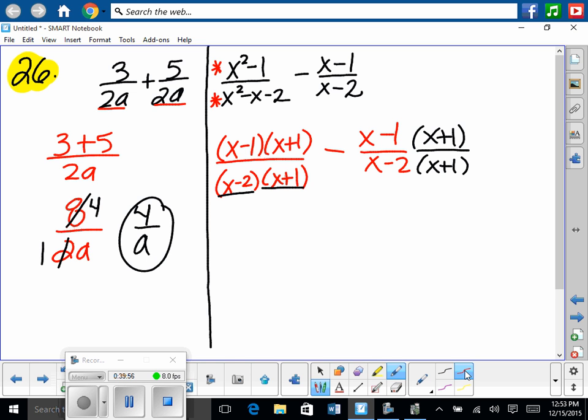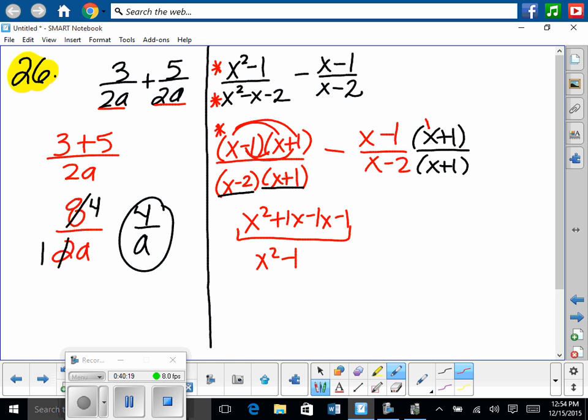So on top I have x times x, which is x squared, x times 1, which is 1x, and then negative 1 times x is negative 1x, and negative 1 times 1 is negative 1. So just in this piece, I have x squared minus 1.